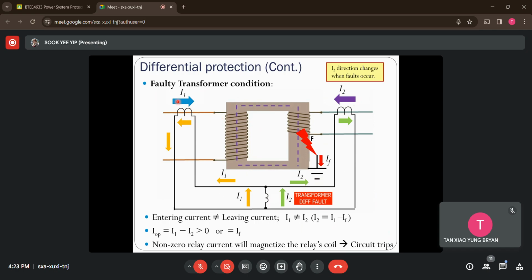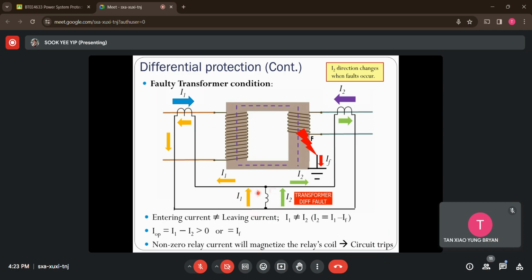So you will notice that the I1, I2 currents now flow in opposite directions into the transformer. During this time, if I measure the I1 and I2 values, they are not the same anymore. So they are actually flowing in the same direction to the relay operating coil.